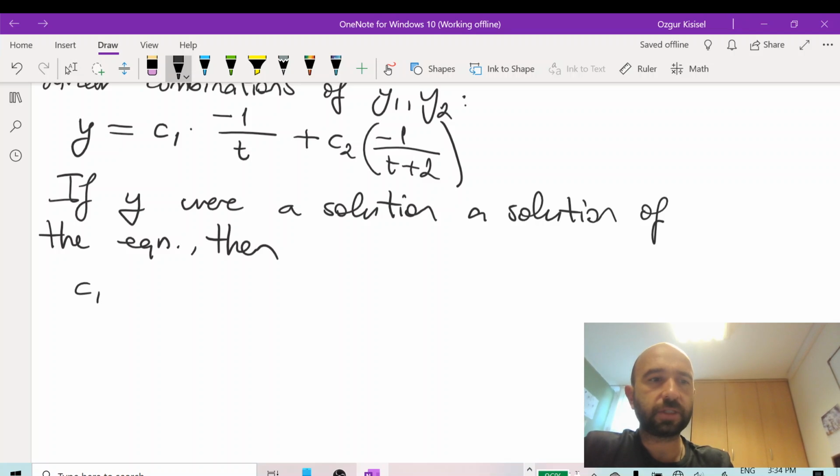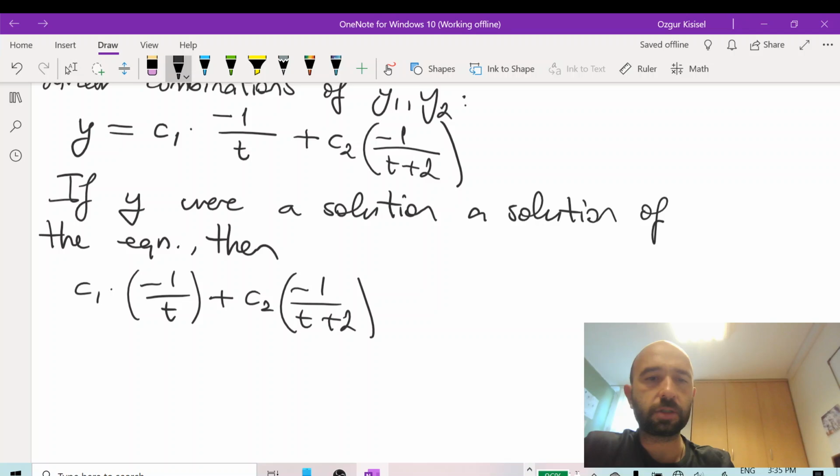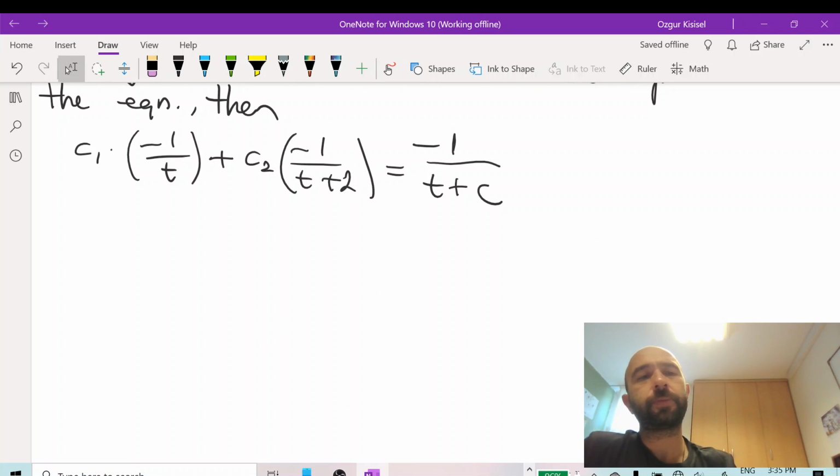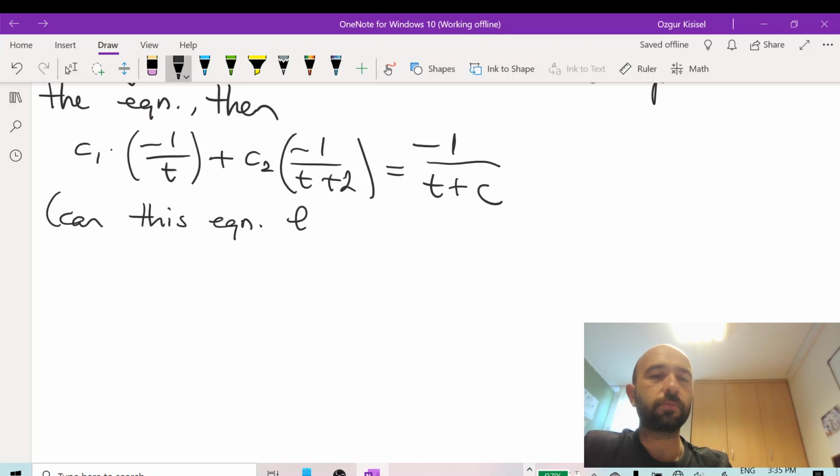If we have c1 times minus 1 over t plus c2 times minus 1 over t plus 2 equals minus 1 over t plus c for some c. So the question is, can this equation hold for all t, for some value of c?